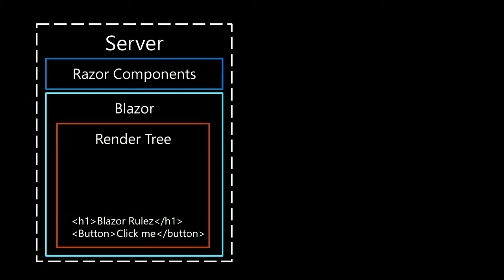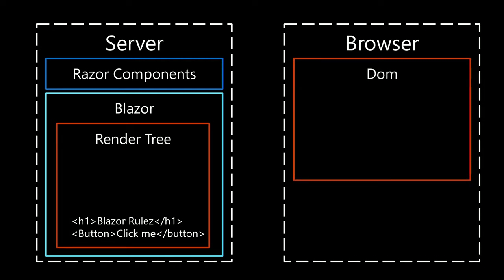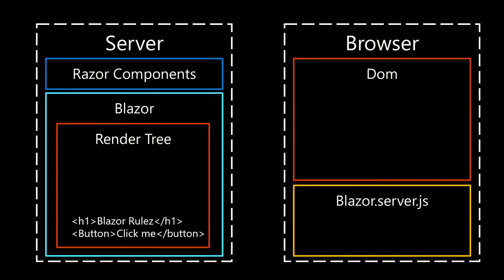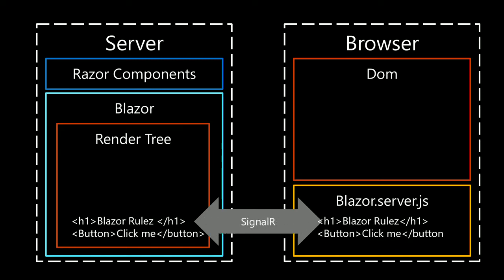So we have a couple of lines of HTML. On the browser side, we're going to have the DOM, and we're going to have a little piece of JavaScript, Blazor server.js. And this is going to communicate with SignalR between those two. So what is happening is that it's going to send over the change. It's going to say, hey, I have some changes to the JavaScript.